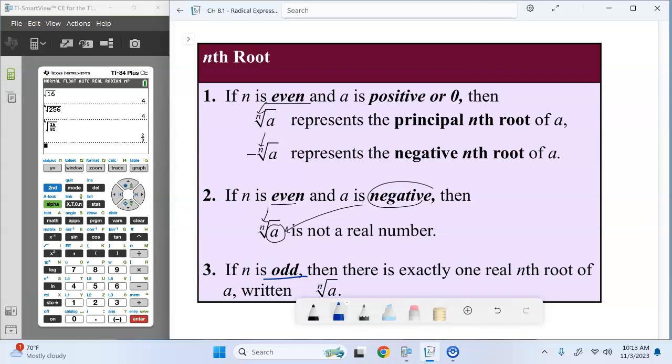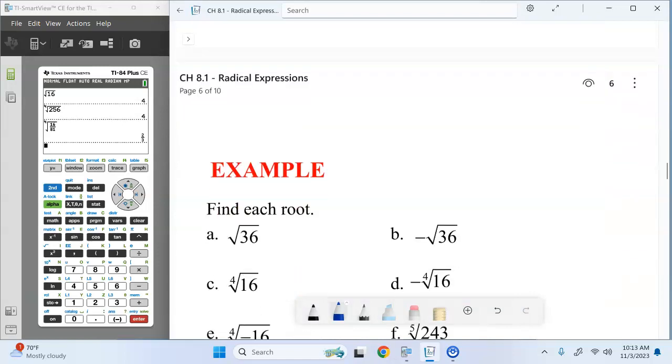I can do the cube root of positive 27. Those are going to give me two different answers. If I raise a positive number and a negative number to a third power, a fifth power, a seventh power, I get two different answers. One positive, one negative. So odd doesn't have that same setup that even indexes have.